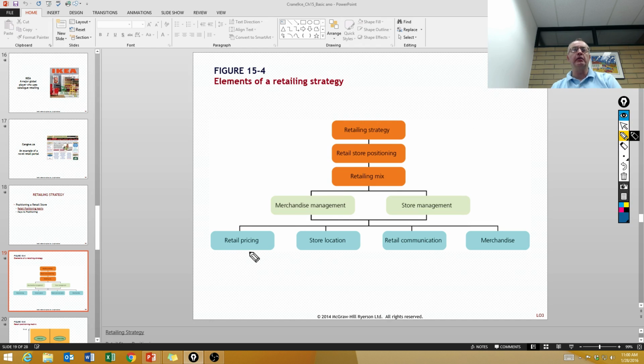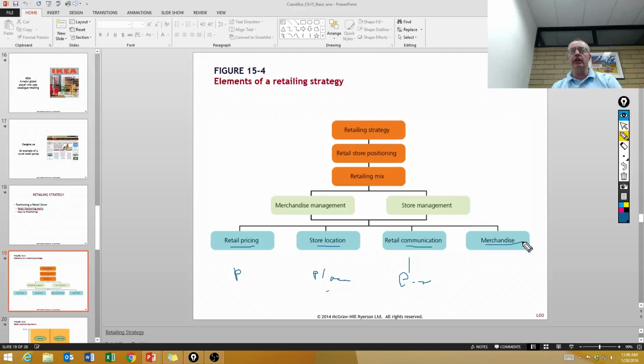So this is our retail marketing mix variables. So we have retail pricing, so that's our pricing P. Store location, so that's our place P. Distribution, retail communication, so that's our promotion.